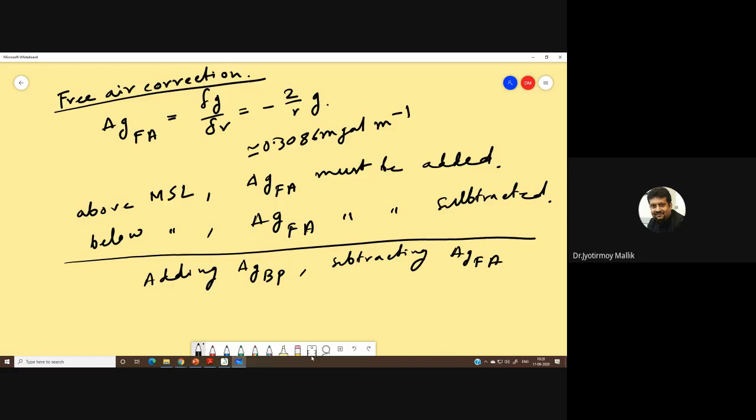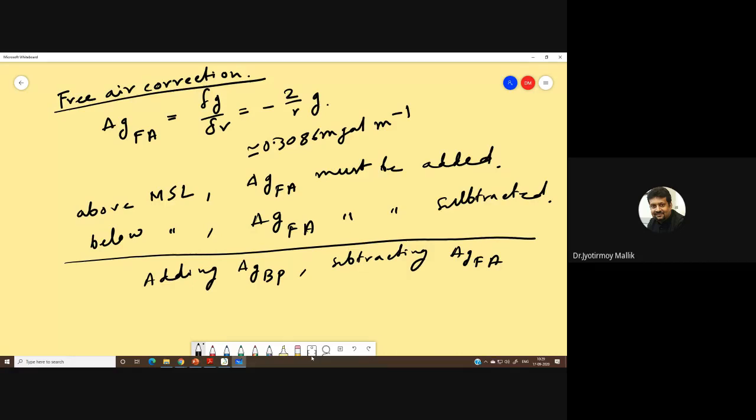If delta G FA is added, then delta G BP is subtracted. It works exactly the opposite. If you add delta G BP, you have to remember you have to subtract delta G FA. And if you add delta G FA, then you have to subtract delta G BP. And that changes whether you are in the continent or you are below the ocean.